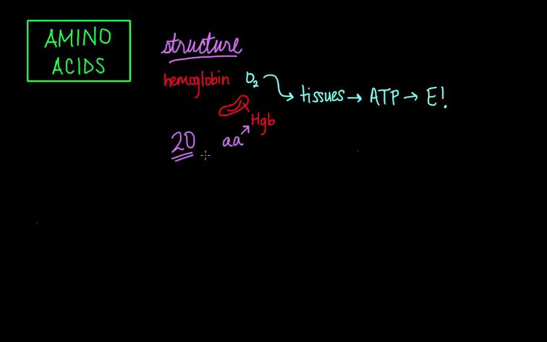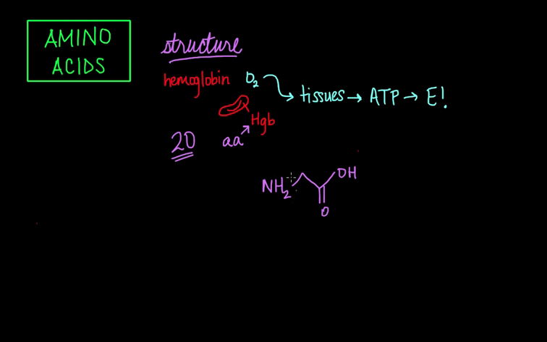And so now that you have an idea of where amino acids fit in this bigger picture of a metabolic process, let's take a closer look at what the actual structure of an amino acid is. First, we have the amino group. And then we have the carboxylic acid group. Already you can start to see where the name amino acid comes from.